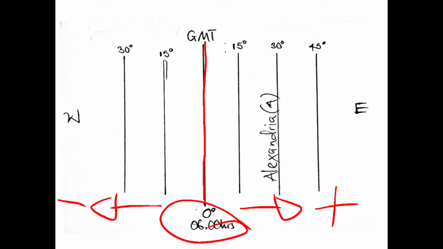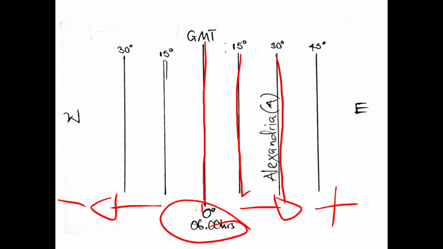So every 15 degrees towards east, that's 1 hour gained. And every 15 degrees towards west, that is 1 hour lost. So from 0 degrees to this 15 degrees, that is 1 hour, to 30, that's 2 hours. So you are counting the longitudes.